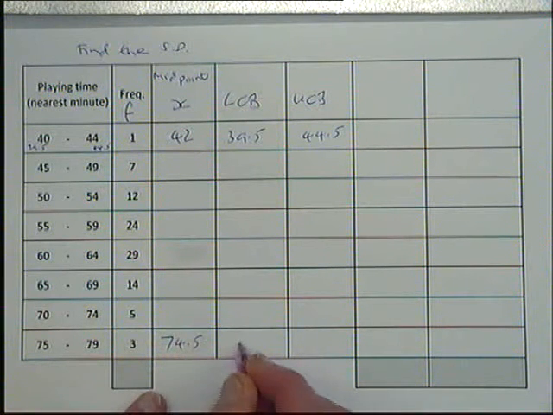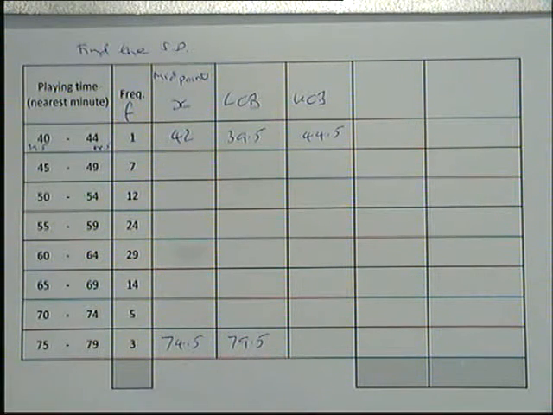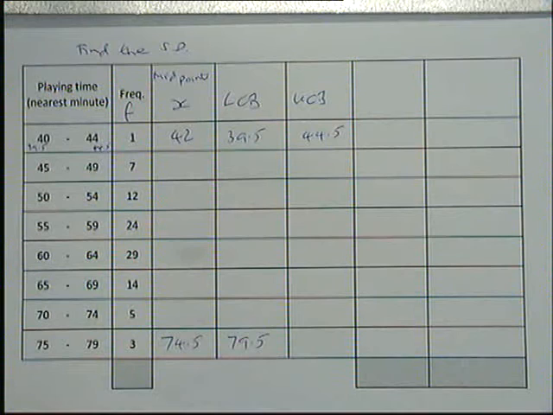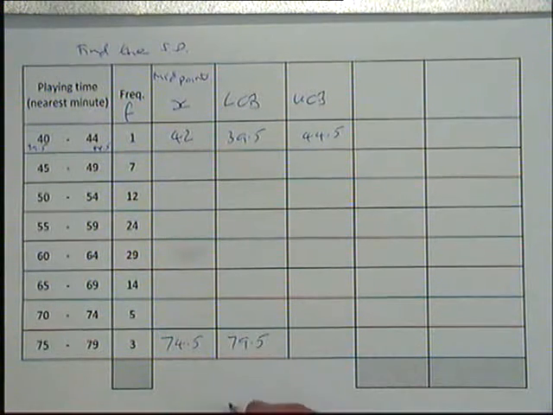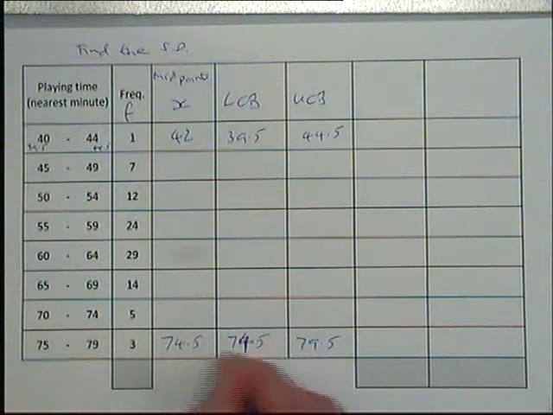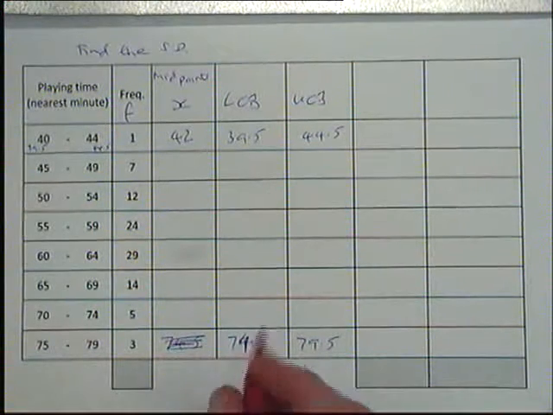Yep. 79.5. Yep. And what's halfway between those? It is 77. Yep. Oh, I've written those in the wrong place now, haven't I? Sorry. That should have been there. And that one we said was 77.